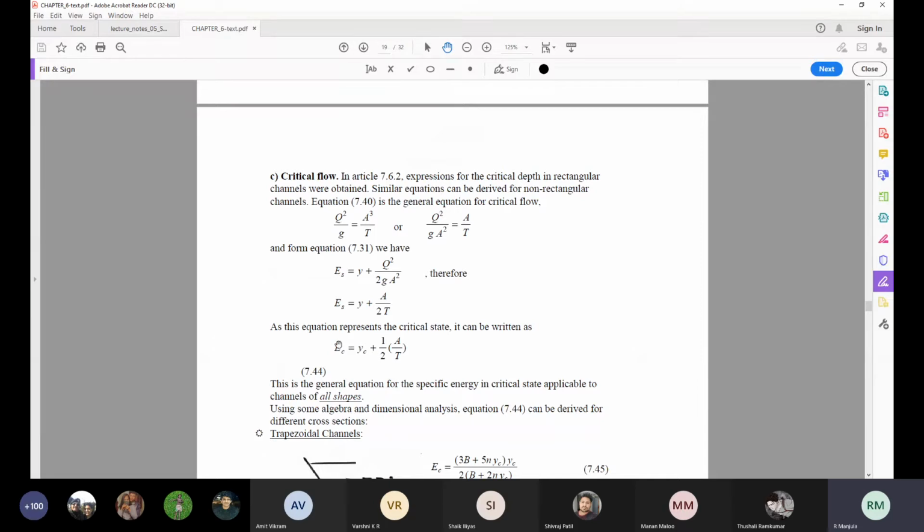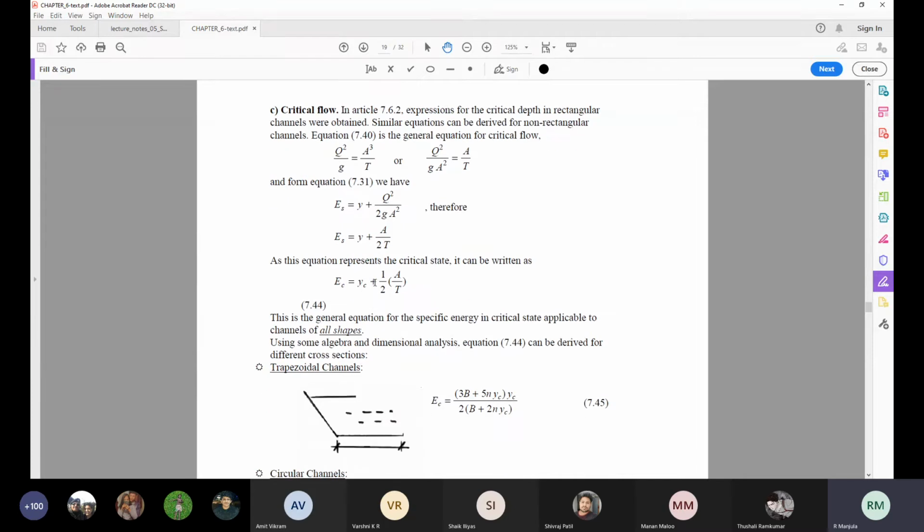Now this can be written as Ec is equal to Yc plus 1 by 2 into A by T. So this is the general equation for specific energy in the critical state, which is applicable to all shapes of channels, not only rectangular, but all non-rectangular channels, trapezoidal or triangular or circular.